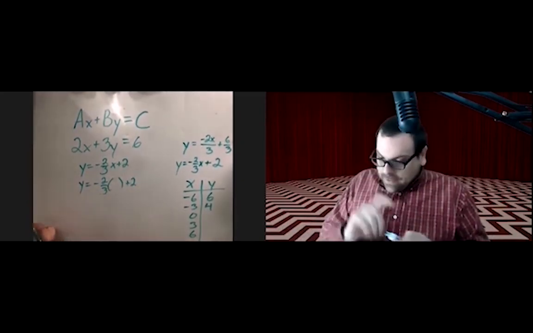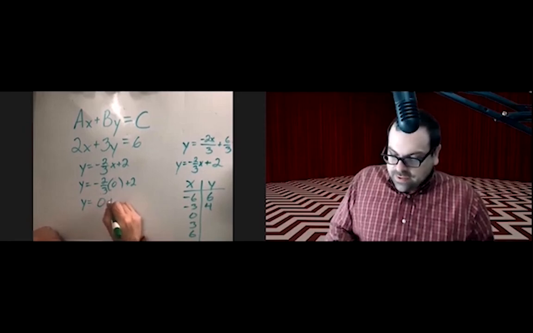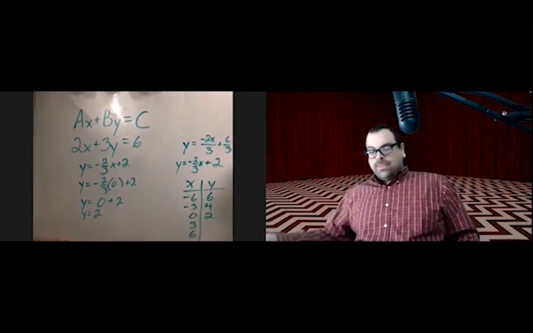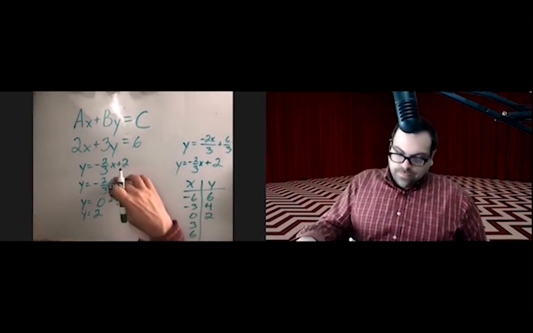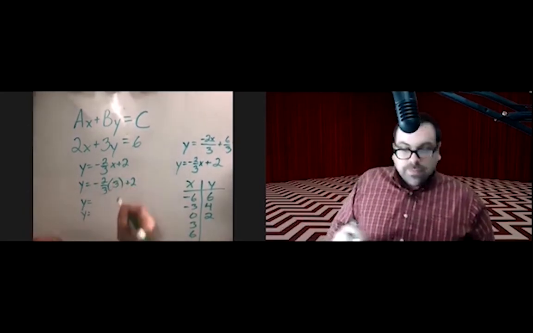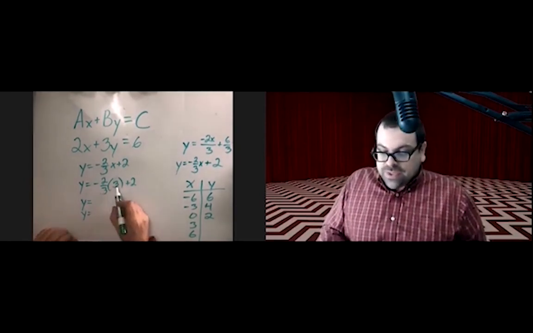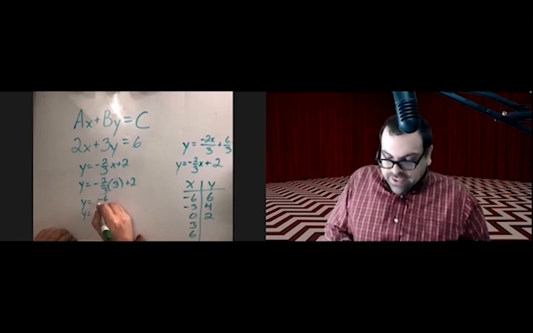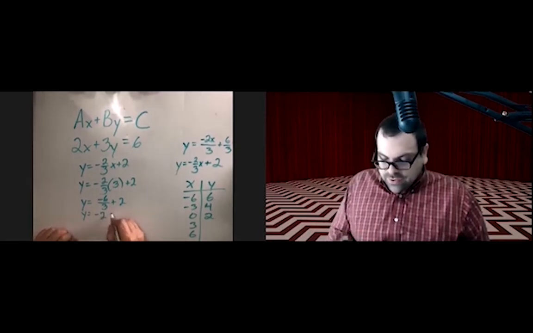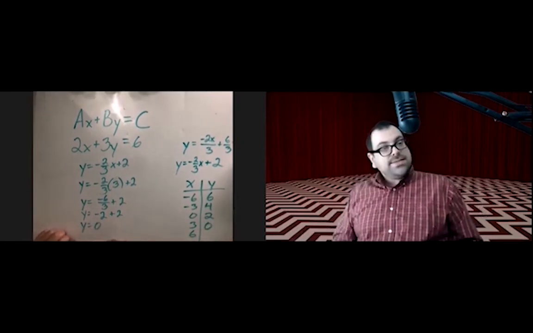Plugging in 0. Well, anything times 0 is 0. Plus 2 gives us 2. Plugging in 3. -2 times +3 is -6. -6 divided by 3 is -2. -2 plus 2 is 0.